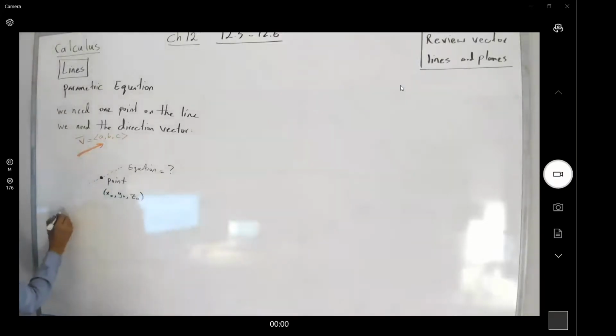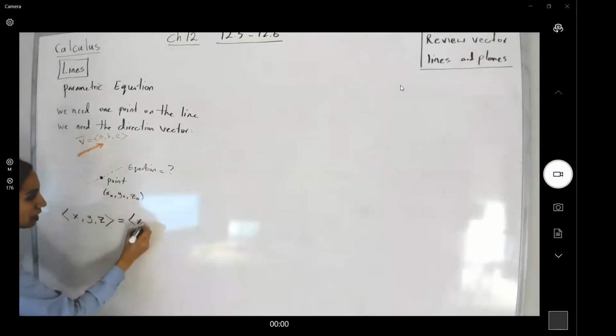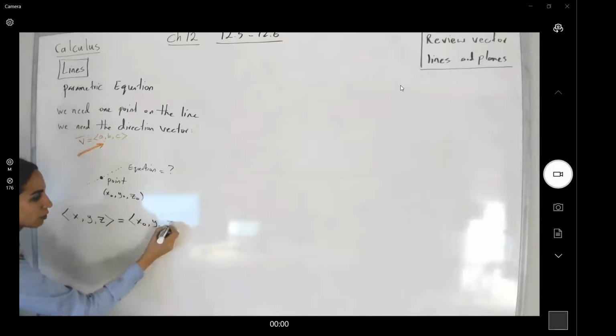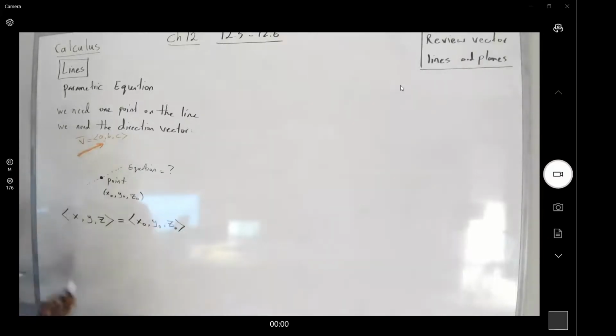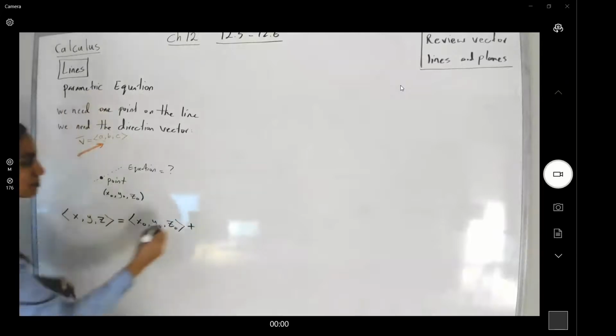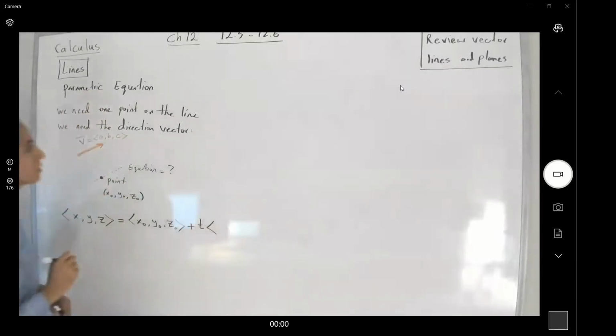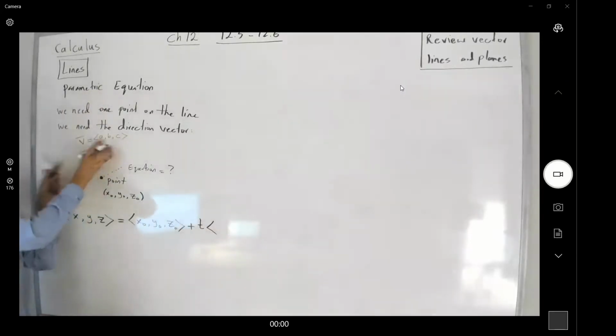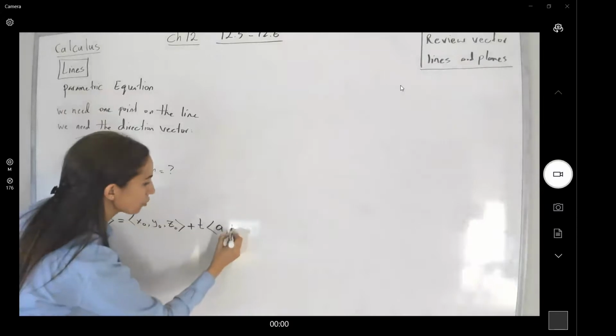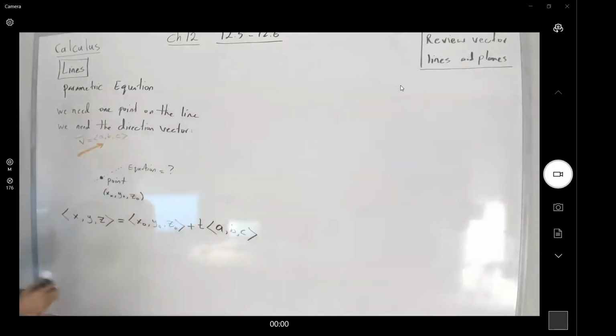So the equation of the line in parametric form has x, y, z, which is equal to the point represented as a vector x sub 0, y sub 0, z sub 0, plus your parameter t times the components of your direction vector a, b, c.